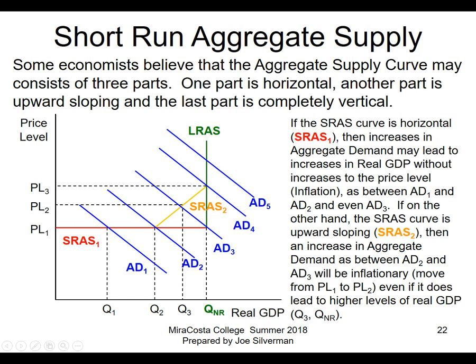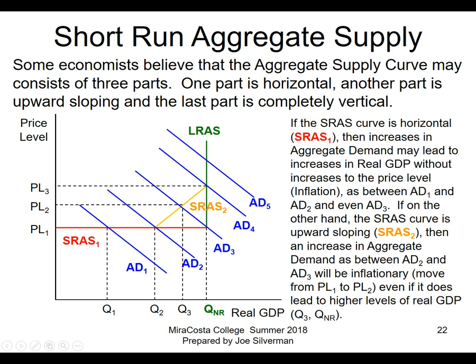Now, why does this matter? It matters because if your view of the world is that the short-run aggregate supply curve is a horizontal line, and let's say we're over here at Q2, so we're below the full employment level of output, and we think that if we get some increase in aggregate demand, maybe some more government spending or something like that, that would shift the aggregate demand curve so that we're over here on AD3, then we will get to the full employment level of output without seeing any inflation.